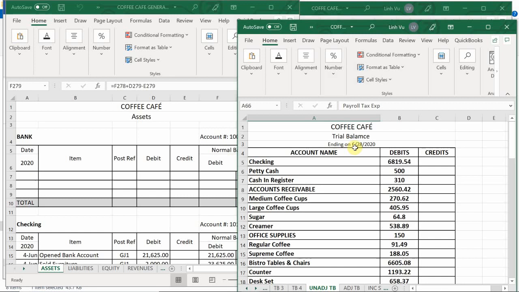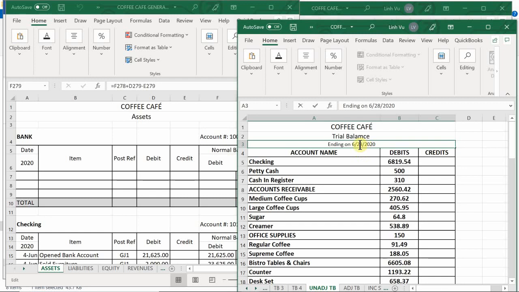We don't have to do the trial balance from the 29th and the 30th that we did? No, that is considered the unadjusted trial balance. The last one that we did was on the 28th. So the 29th and the 30th is going to be considered the unadjusted trial balance because you're at the end of the accounting period.